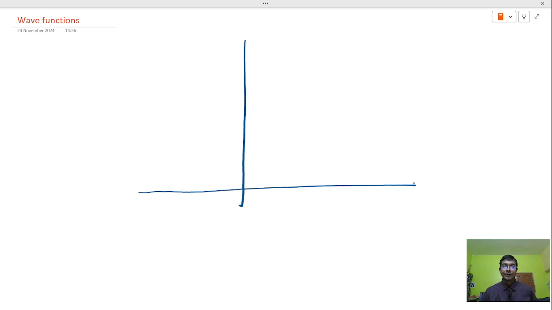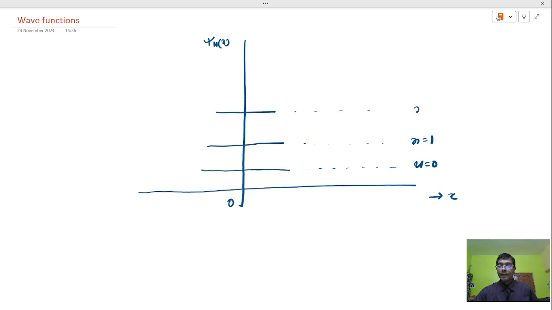This is our psi n(x) and this is x, this is the origin. The first one is n0, n1, n2, n3, and the first one becomes this Gaussian distribution.